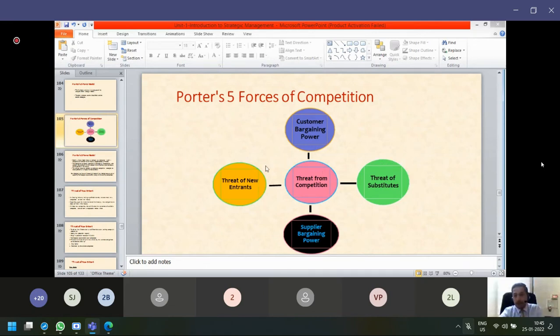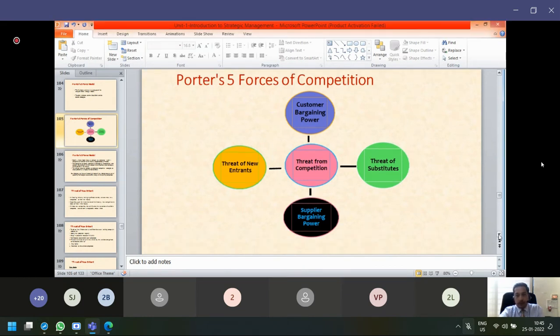So these are 3 horizontal competition forces, and there are 2 forces from the vertical competition: the customers' bargaining power and the suppliers' bargaining power. So this makes up Porter's 5 forces model, that is 3 forces on the horizontal and 2 forces from vertical competition.